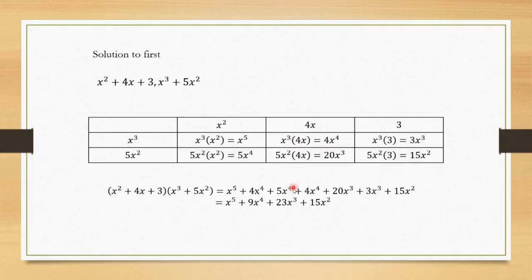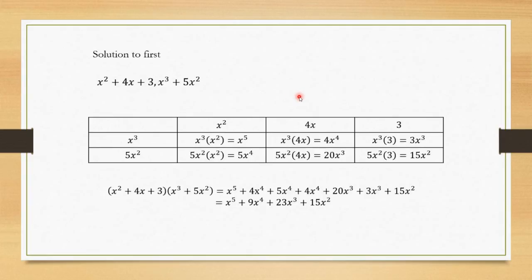Those are like terms, so you can combine them. That's where the 9x to the 4 comes from. We have 20x cubed and 3x cubed. That's where 23x cubed comes from. So we end up getting this product, the polynomial of degree 5. Okay, good.